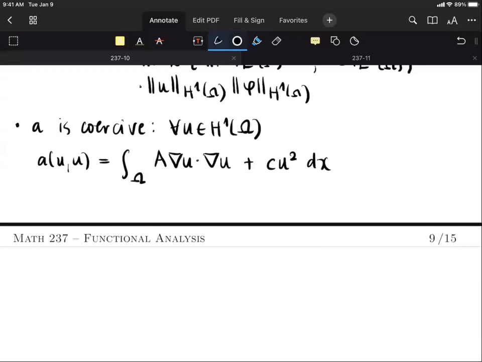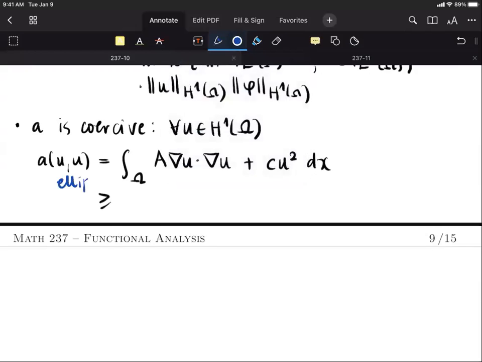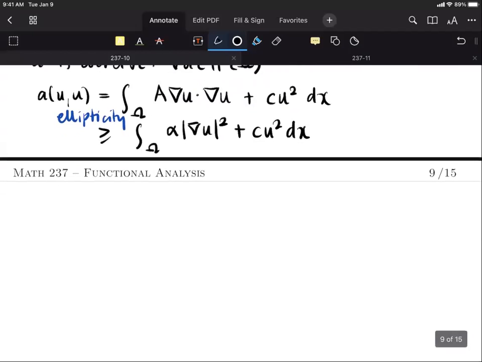And take note that applying the ellipticity of A, the first integral is bounded from below by alpha times the norm of gradient U squared. So we pull out the smallest between the two. And take note that C is bounded from below by gamma.